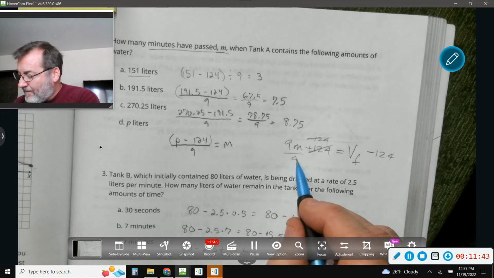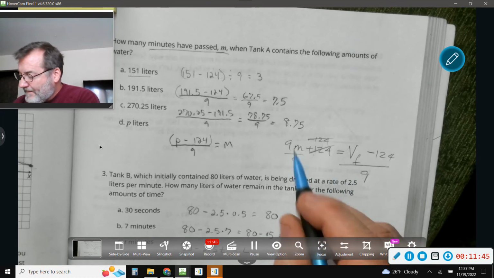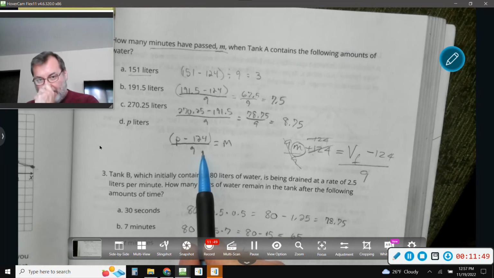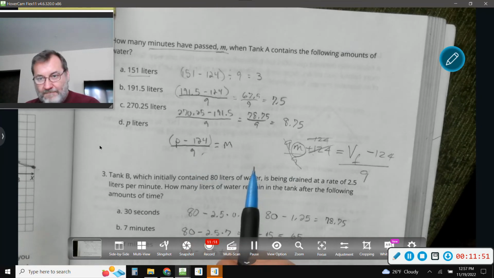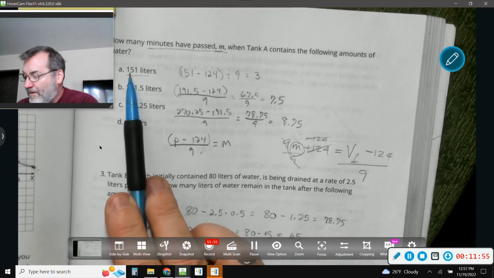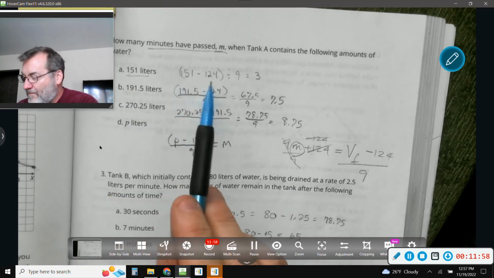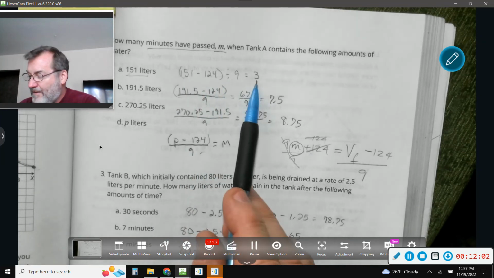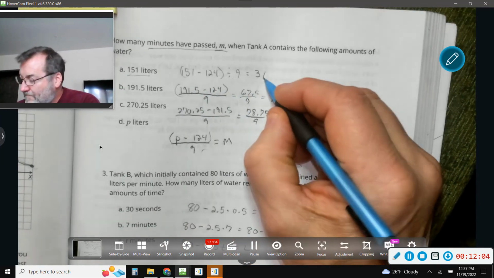And then I'm going to divide by 9, and there I have M. So here's the equation that was written in here, which is very close to what I've got. And all you have to do now is substitute in. So if I want 151, that's 151 minus 124, and then that whole thing divided by 9, and you end up with 3 minutes.